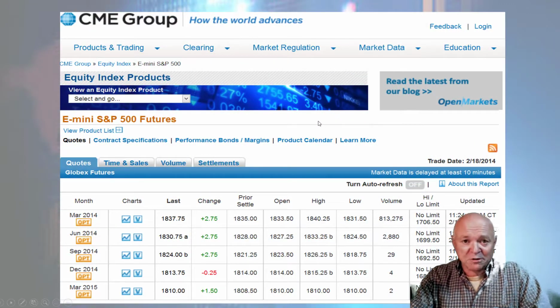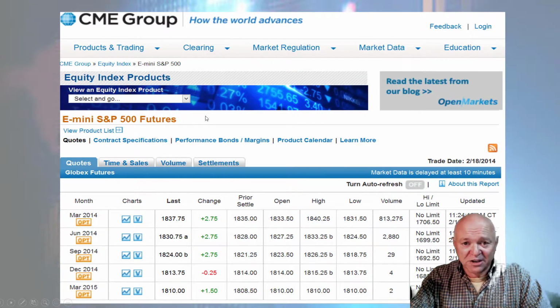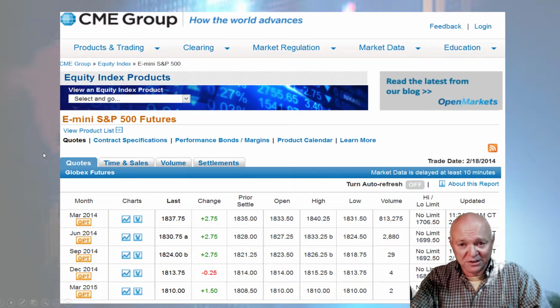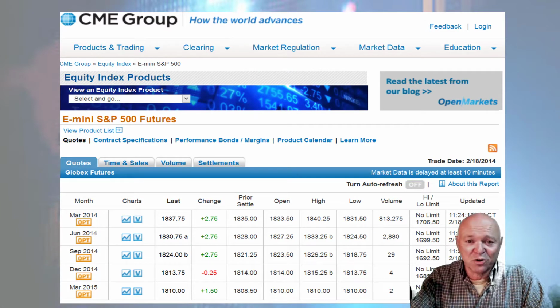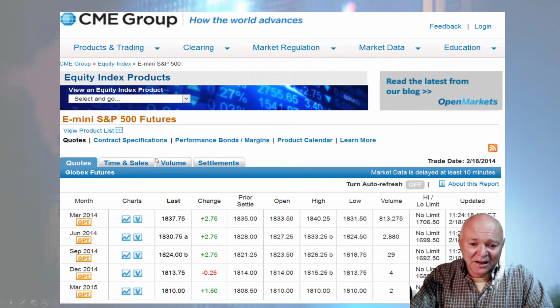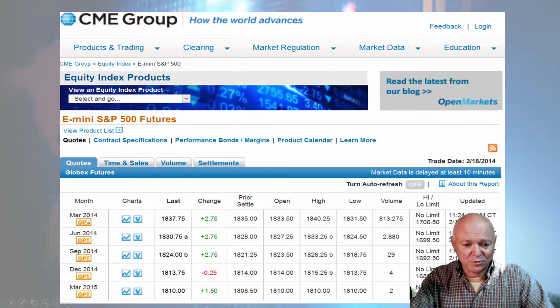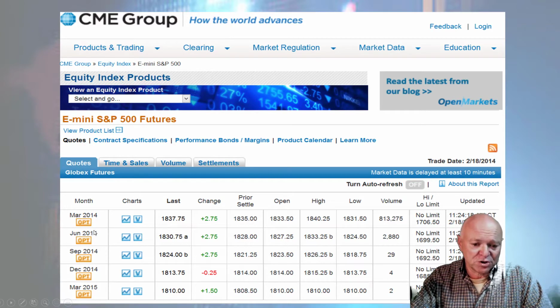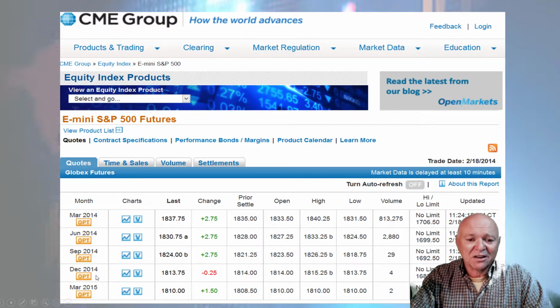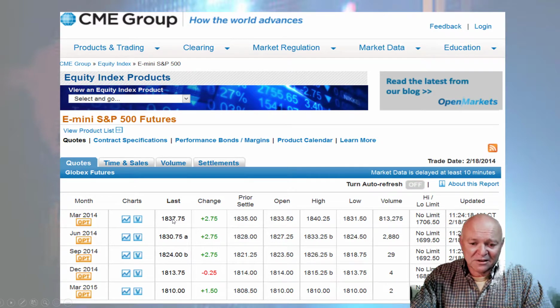Now, if I wanted more information about those contracts, I would go to the original source, and even from StockTrack it does reflect next to the Chicago Mercantile Exchange, and I can see that there are a number of different contracts that are available. When I was looking at this a couple years ago, there's a March, a June, a September contract, and the quoted price for each of those contracts.